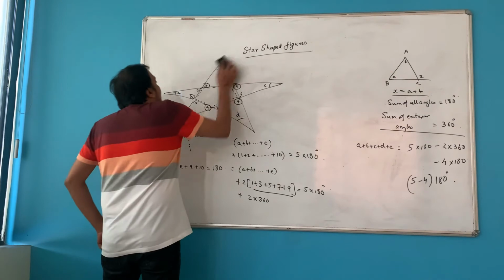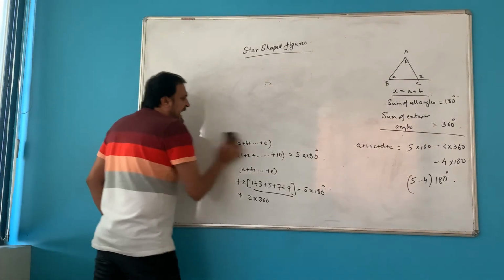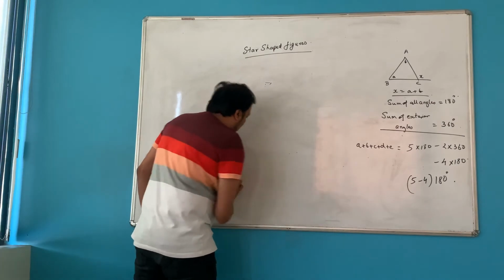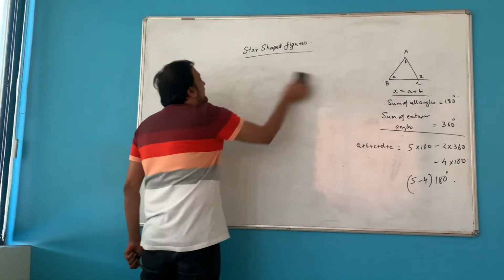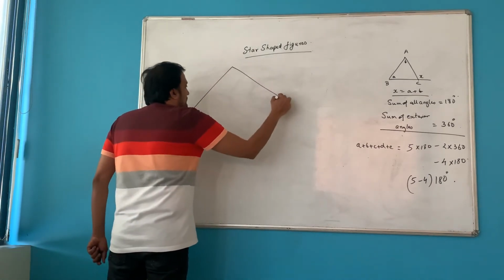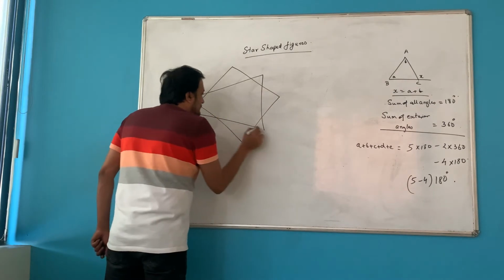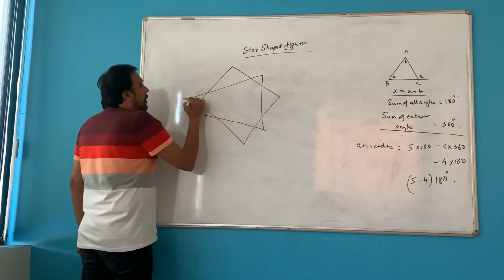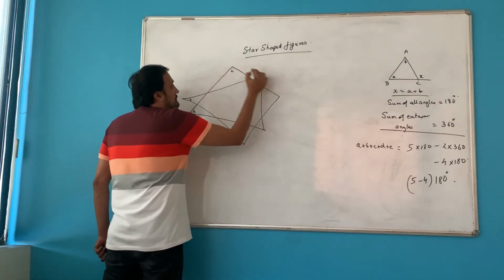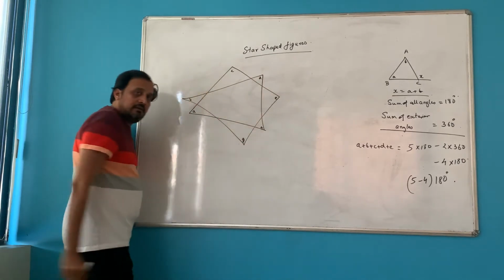Let's look at a 7-sided star-shaped figure. We have to do the same thing again there. There is no difference whatsoever. So let's check. Your angles that you want to find out, let's call them these.